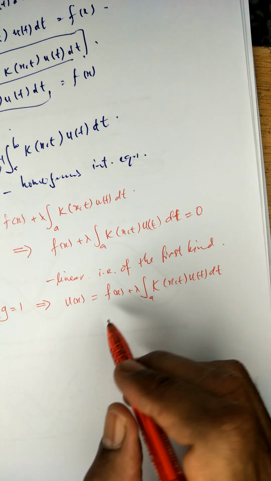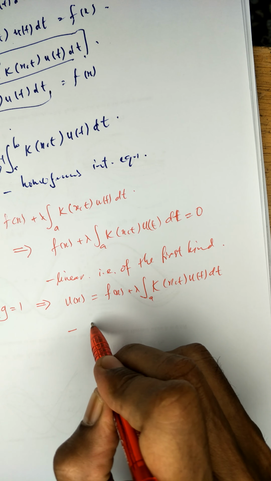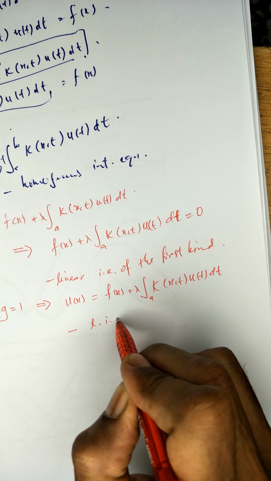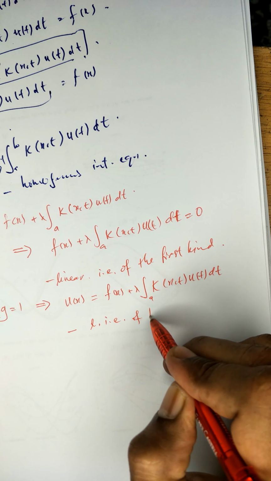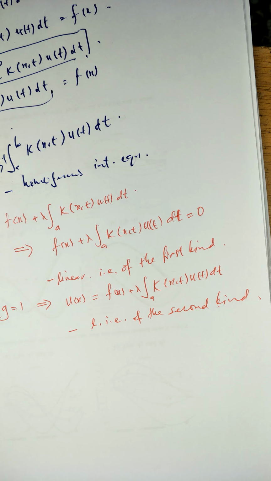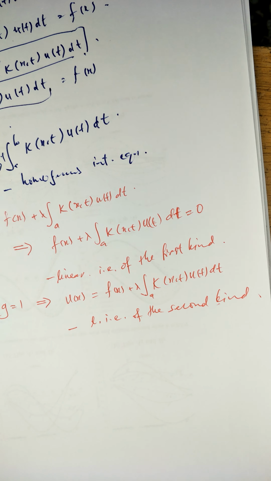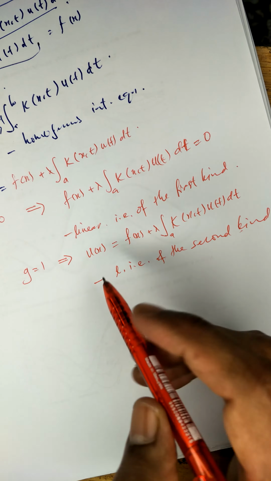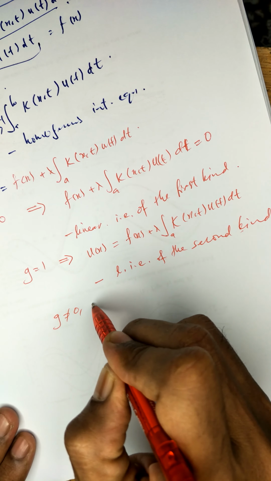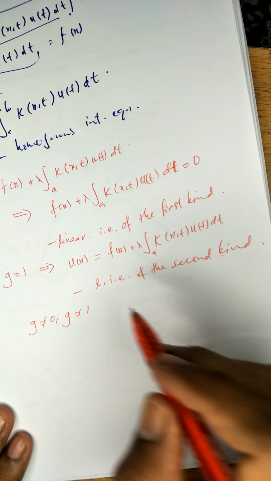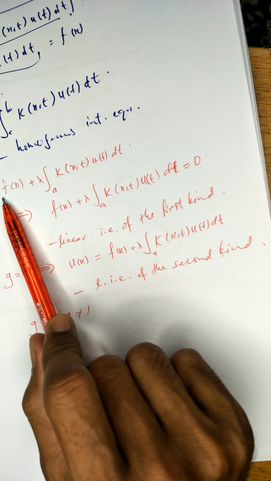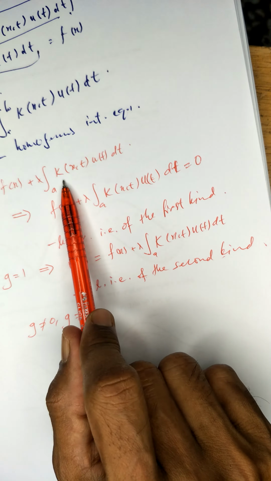This kind of integral equation we call a linear integral equation of the second kind. And the third one: if g is different from 0 and also different from 1, then we have the general form here. This we call a linear integral equation of the third kind.